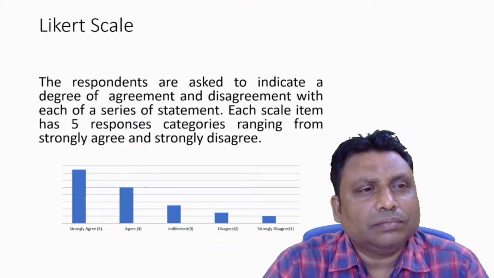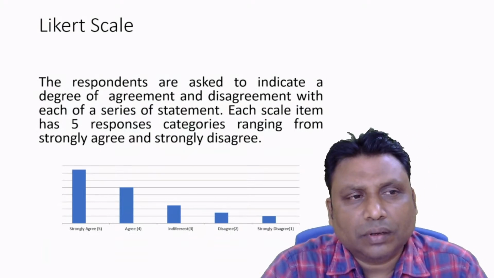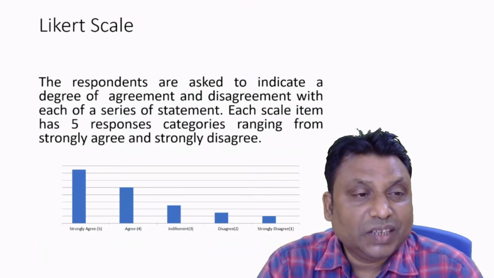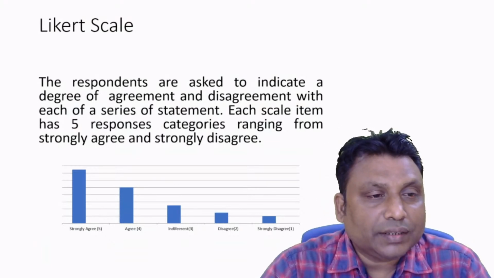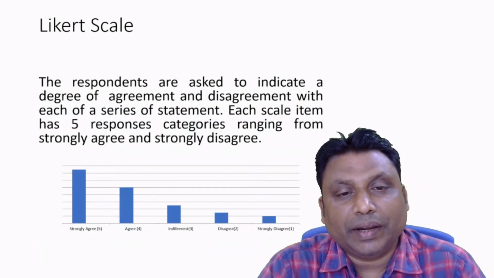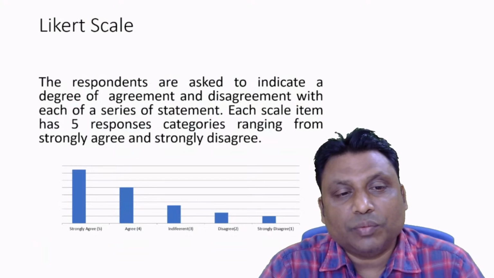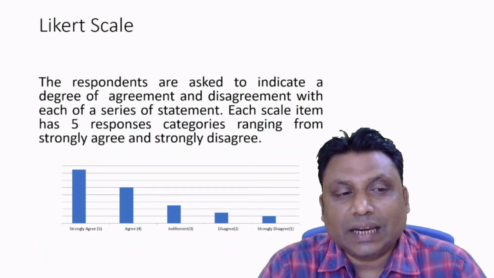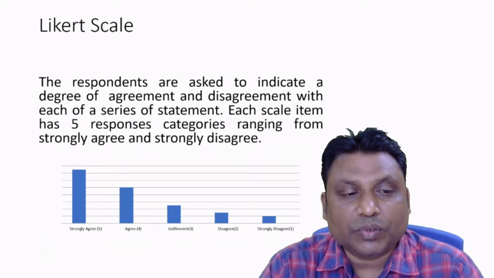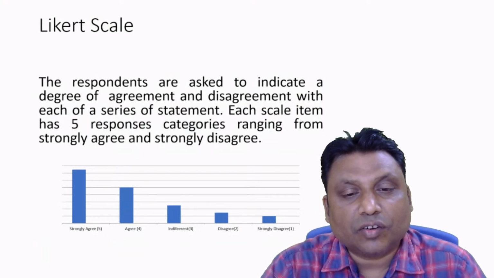Then another one, among the non-comparative scaling techniques, is the Likert scale. The Likert scale, all of you know, asks respondents to indicate a degree of agreement or disagreement with each of a series of statements. Each scale item has 5 response categories, ranging from strongly agree to strongly disagree.